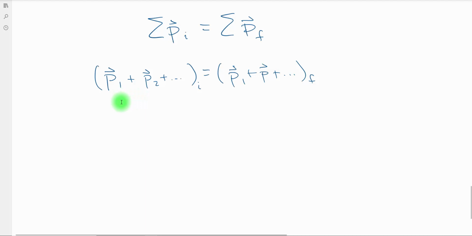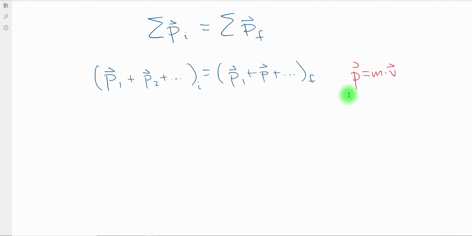So if you've got 10 particles, you're going to have 10 terms in this equation. If you only have 2, which is most of what we do in physics problems, you're just going to have P1 and P2. So this is the idea for conservation of momentum. But we're going to go ahead and sub in that P is equal to M times V. There's no reason in writing P's all over the place.